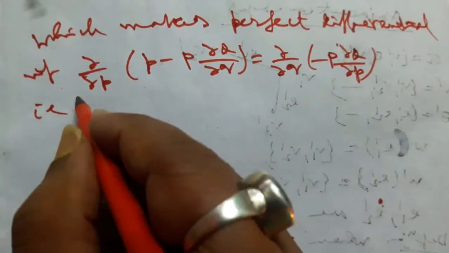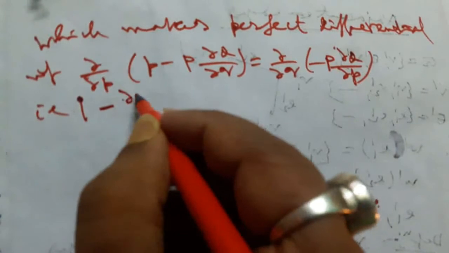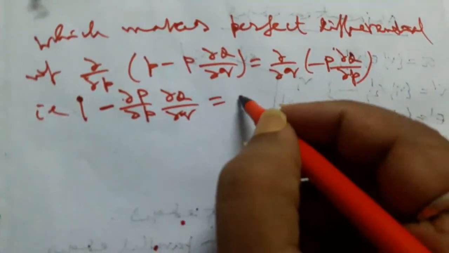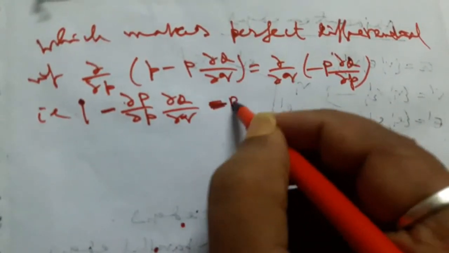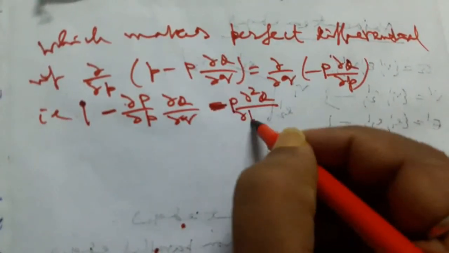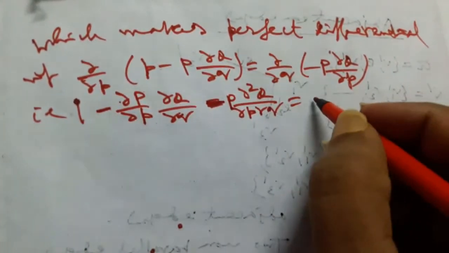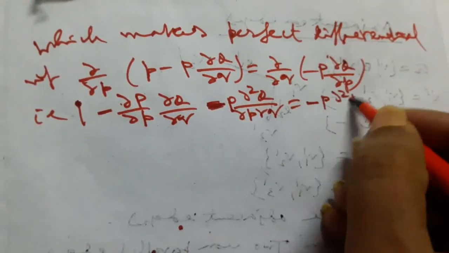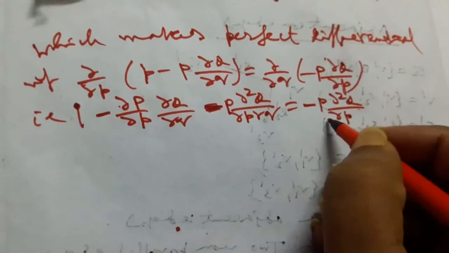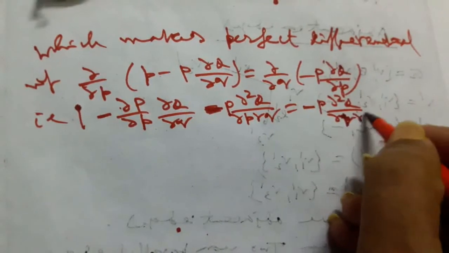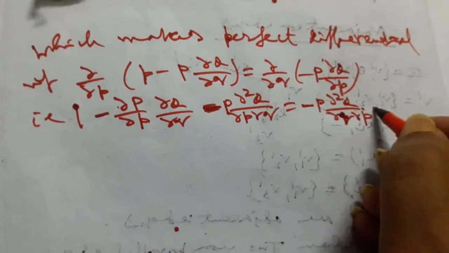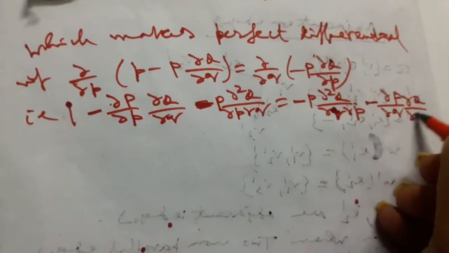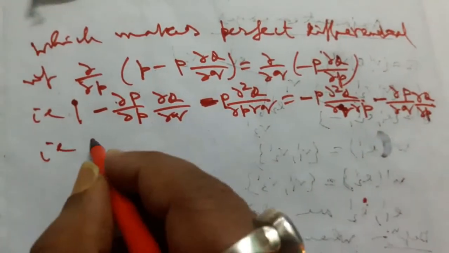That is, del p of p is 1, minus del P del Q del q del p, minus P del squared Q del p del q, equals minus P del squared Q del q del p minus del P del Q del q del p.